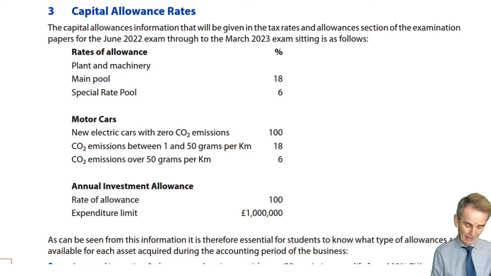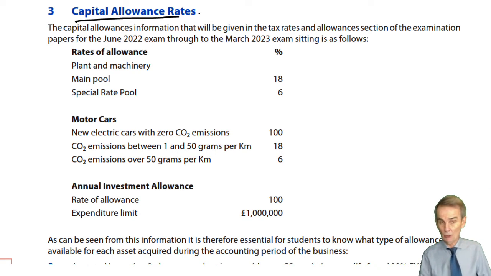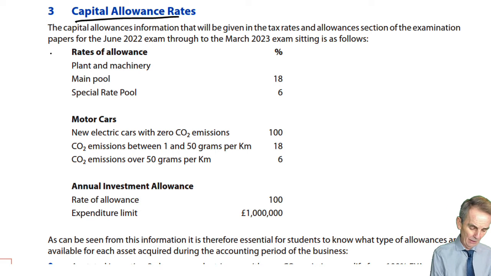But again, just to put your mind at ease, the capital allowance rates are information that will be available to you in your examination on your rates and allowances page. Now, they won't always give you the labels that we have applied of WDA and FYA, but they do give you the information that you need.